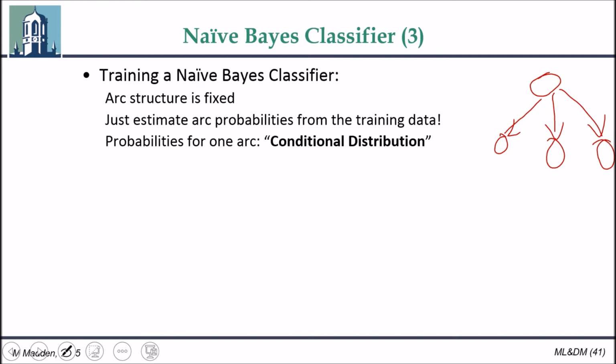And as for the arcs, well, we just estimate their probabilities. We have to put a probability in each one of these arcs, but we estimate them from the training data. And we'd call the probabilities for one arc a conditional distribution.